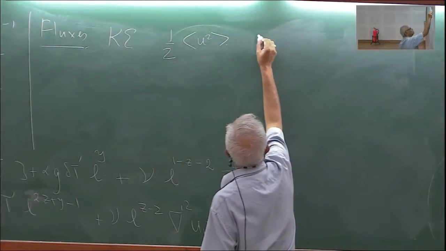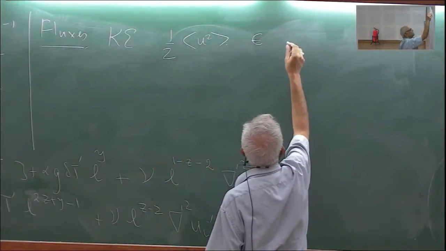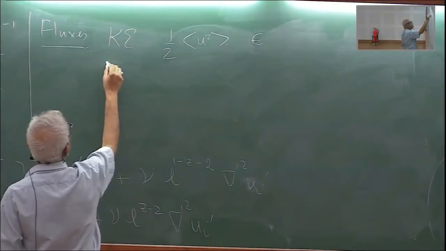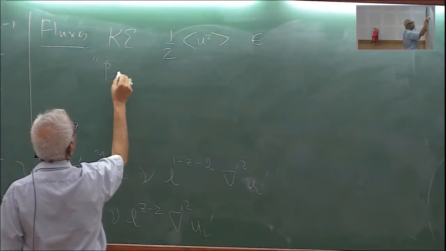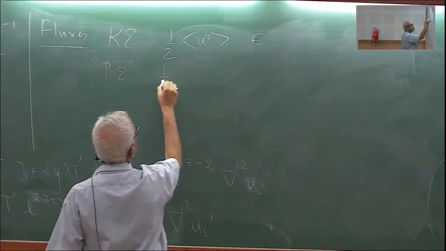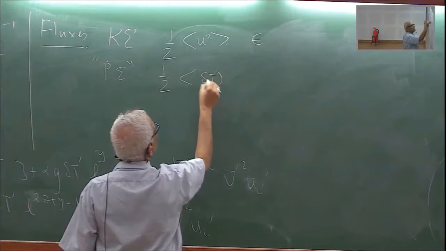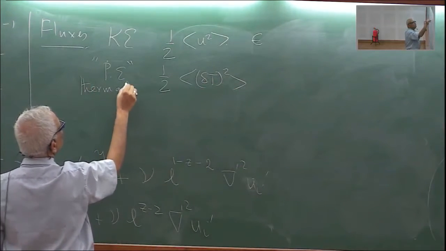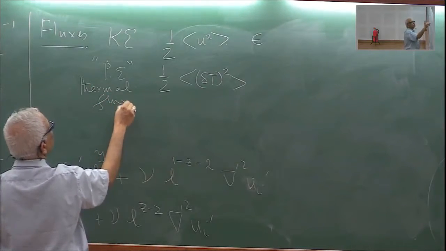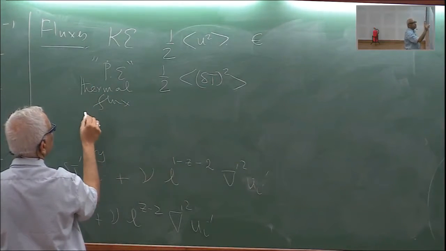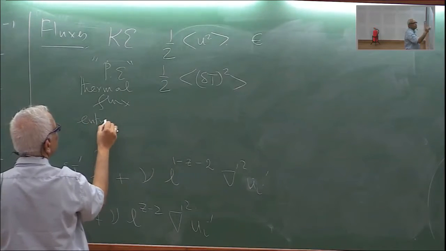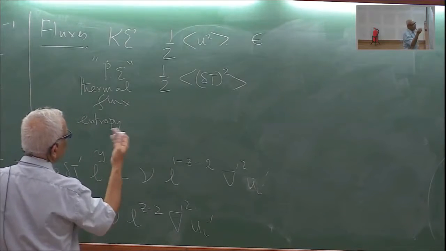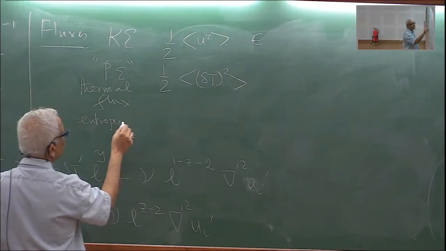So it is epsilon, that's the flux, and the other flux is of, call it maybe some kind of a potential energy, which is half delta T squared, the thermal flux, known by various words: potential energy, thermal flux, entropy flux, entropy fluctuations being proportional to the square of the temperature fluctuations.